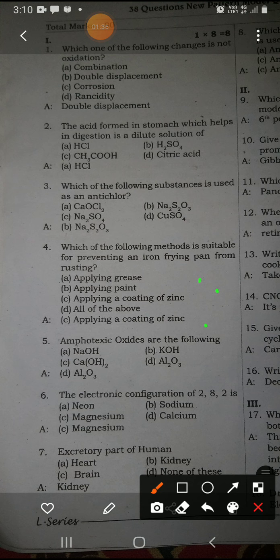Children, as I told you many times, not only in human beings, even in animals, this HCl is present in the stomach. This HCl is responsible for further digestion in the stomach. You might have seen on television animals like the crocodile or the snake, which swallow the whole prey.